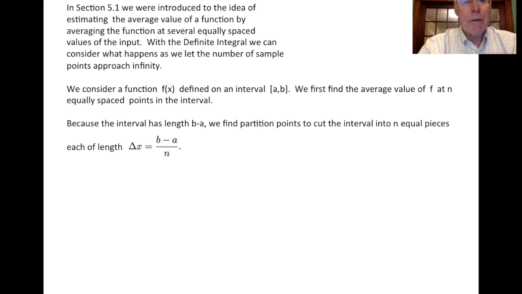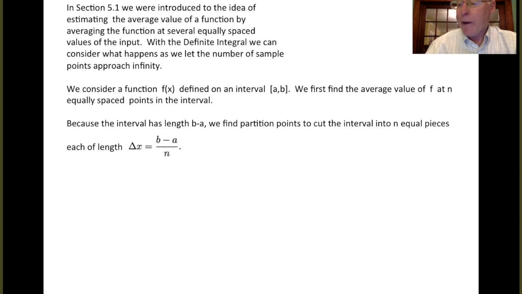So let's imagine we have a function defined in an interval AB, and we want to find the average of f at n equally spaced points in the interval. So again, we have this equally spaced, which means we're going to be thinking of a partition into n equal points. Now, this is very much like the last problem, except we're not going to work with a definite f.